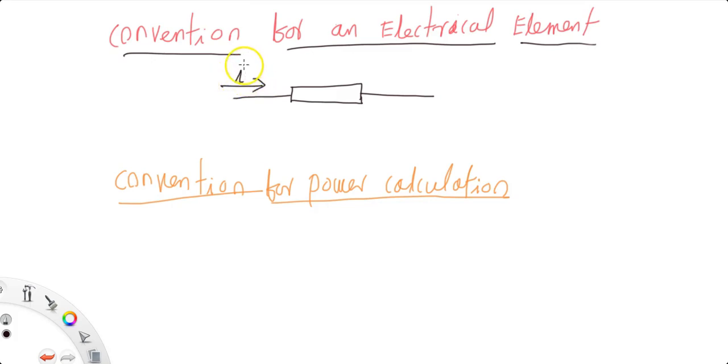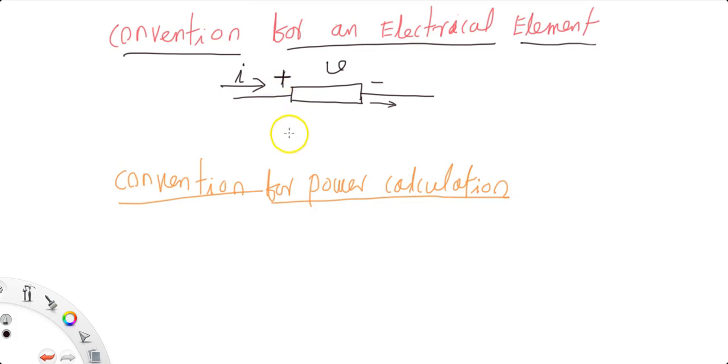Current I flows, so the potential will be V. Current entering the terminal becomes positive, and current leaving the terminal becomes negative. And the voltage is positive at the terminal where the current enters.